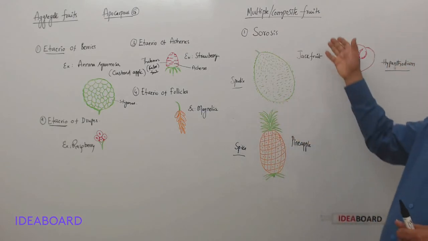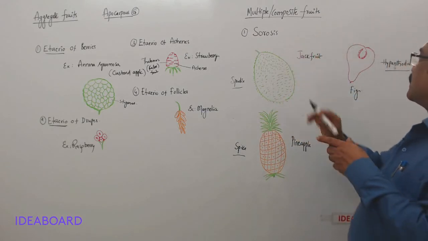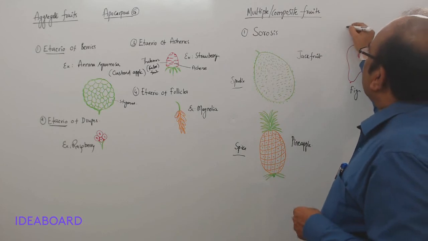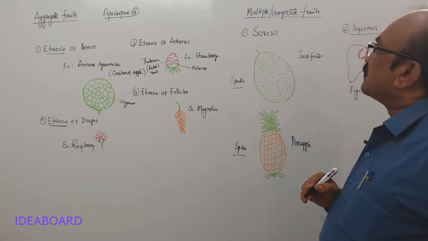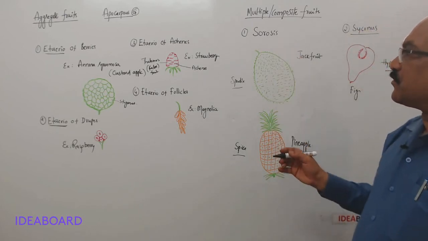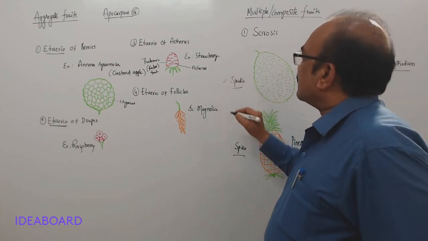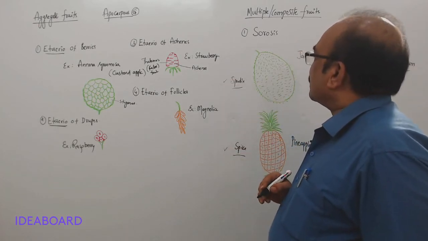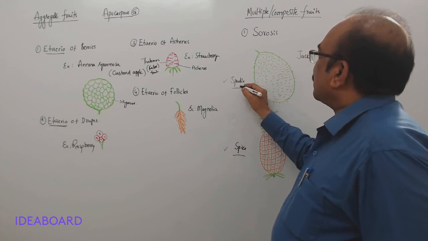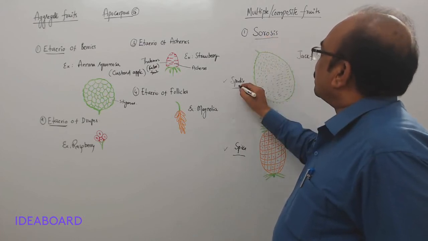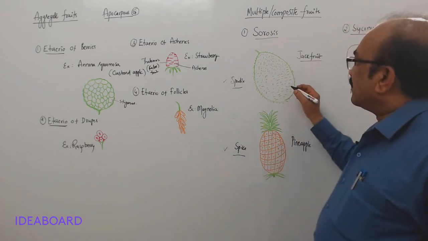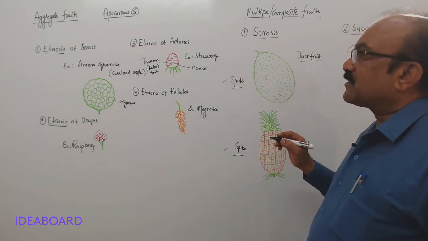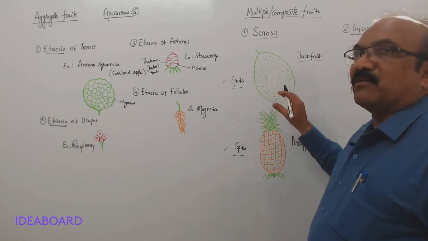The multiple or composite fruits are of two types: Sorosis and Syconus. The Sorosis fruit may develop from spadix inflorescence, or it may develop from spike inflorescence. The example for the Sorosis that develops from spadix inflorescence is jackfruit. This is not pericarp; generally we mistake this for the fruit wall, but it is not.